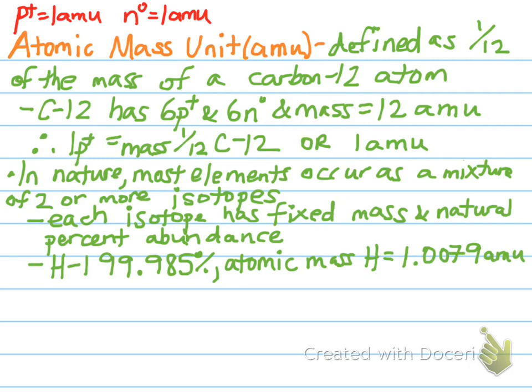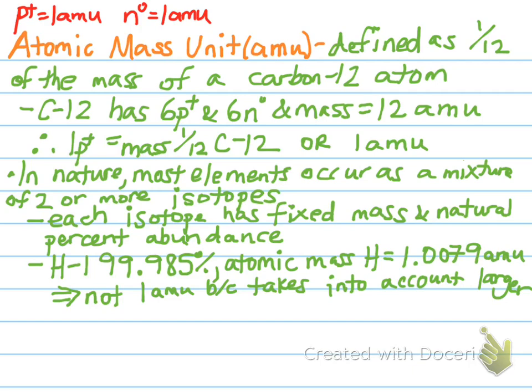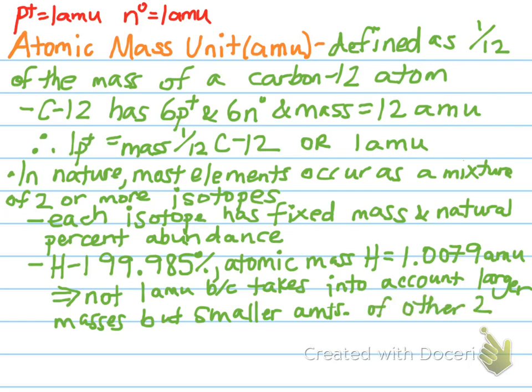Now, the reason that the atomic mass of hydrogen isn't just 1 AMU is because it takes into account the larger mass but smaller amounts of the other two isotopes of hydrogen.